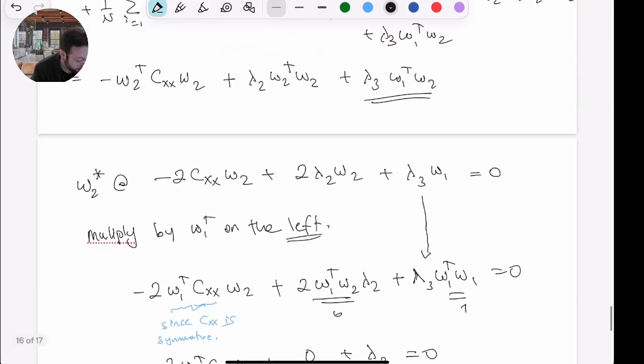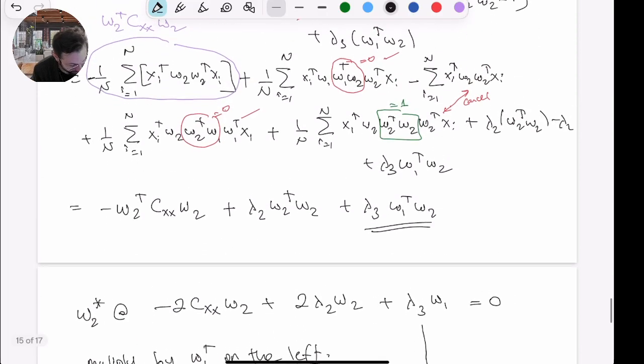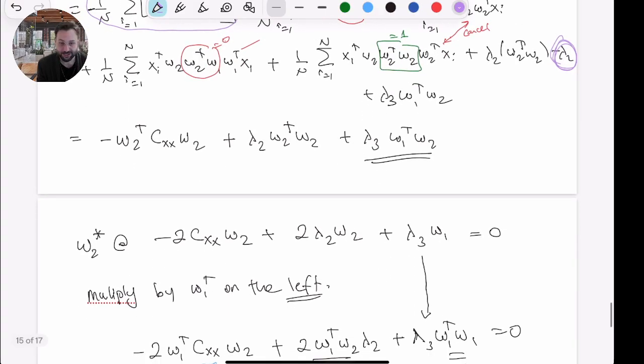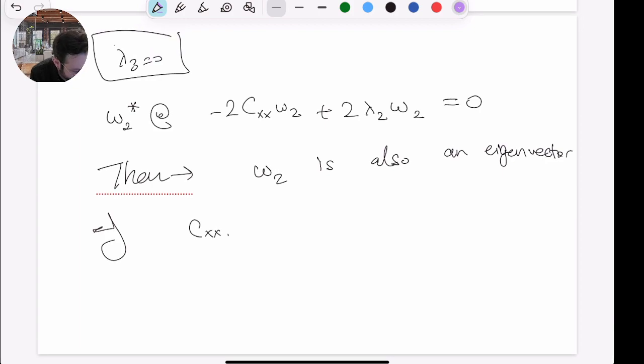And which eigenvector, pray tell? If you want to minimize the error, you would like to maximize lambda 2. And so the next one is the one that's after the largest eigenvalue.